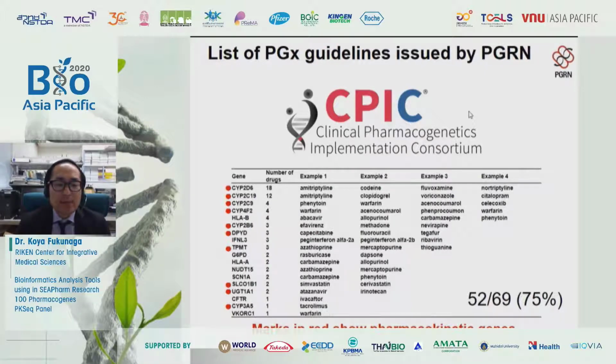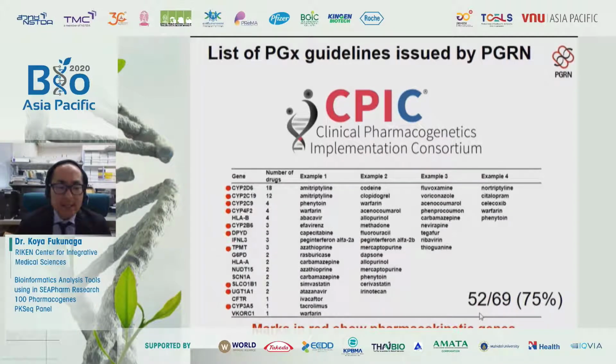This is a list of PGx guidelines issued by PGRN. These are some of the most well-known biomarkers. Importantly, almost all biomarkers were derived from pharmacokinetics genes, like this, 75%.